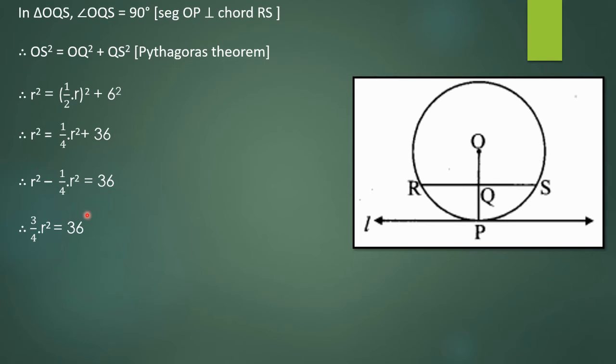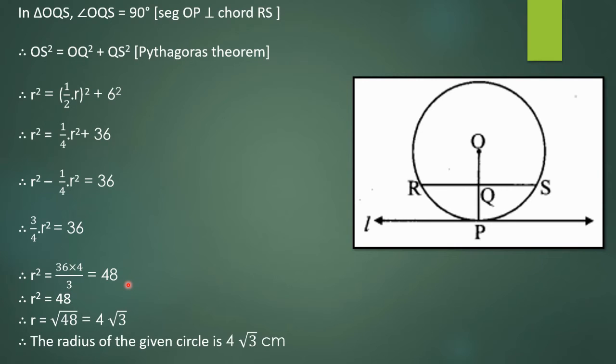So we take this 4 to the other side, where it gets multiplied, and rearranging we get 36 into 4 divided by 3, which simplifies to 48. So R square is equal to 48. If we take the root on both sides, R is equal to square root of 48, and square root of 48 is 4√3. So the radius of the given circle is 4√3 centimeters.